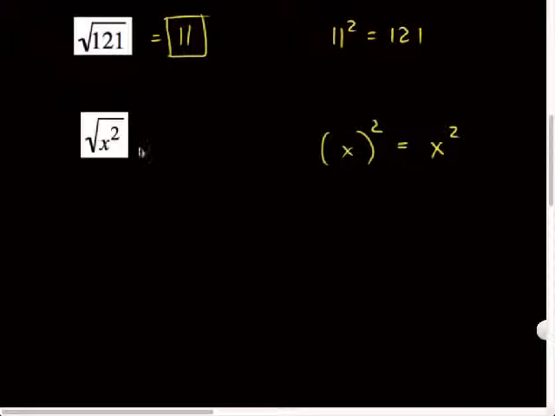It's got to be x, right? And I agree that it's equal to x. Technically, tomorrow specifically, we'll talk about some restrictions on this, that it's not technically equal to all values of x, but that's fine for now. You get the idea that the square root of x squared is x.